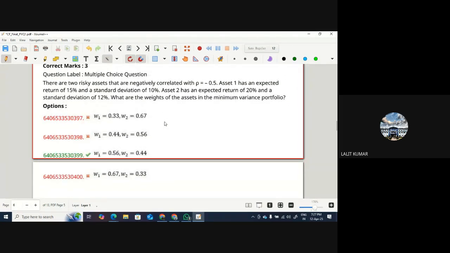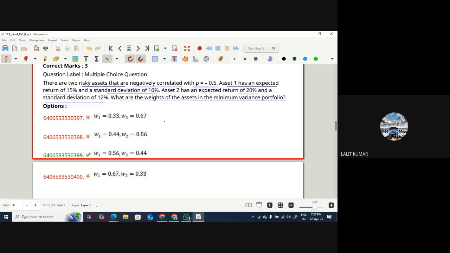Okay, next we come to, there are two risky assets that are negatively correlated with rho equal to minus 0.5. Asset 1 has an expected return of 15%, standard deviation 10%. Asset 2 has expected return 20%, standard deviation 12%. What are the weights of the assets in the minimum variance portfolio?